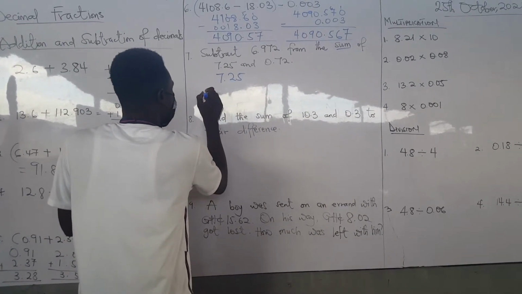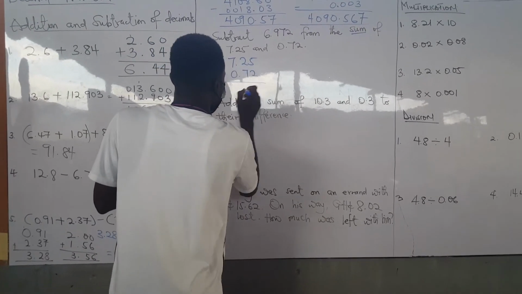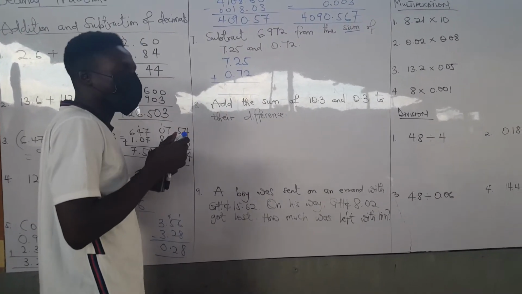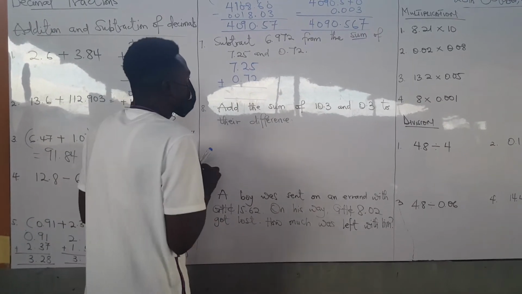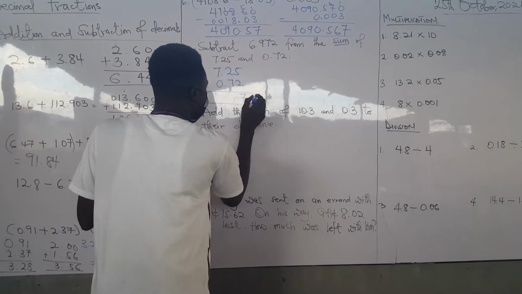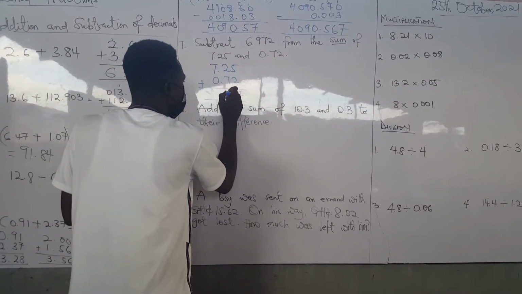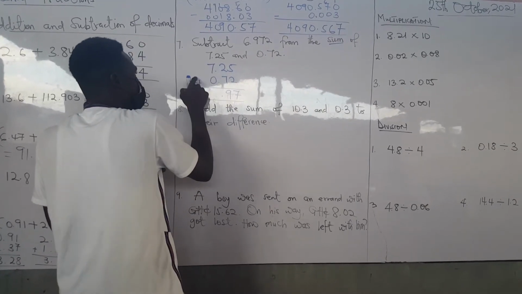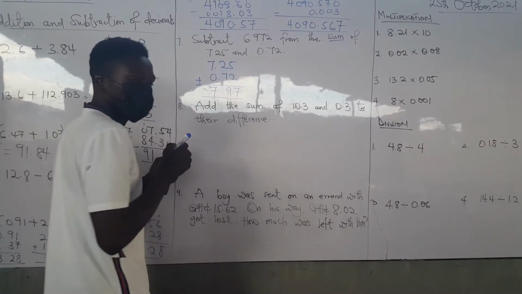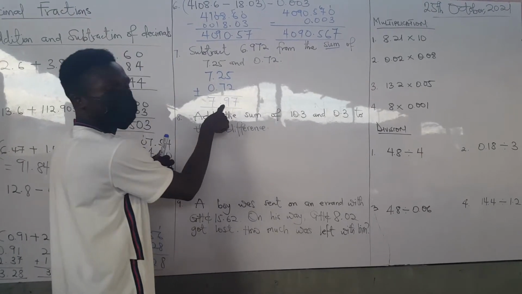7.25 plus 0.72. You just arrange them place value under place value. So when you look at this, 5 plus 2 is 7. 2 plus 7 is 9. 7 plus 0 is 7. So the sum of this and this is this.